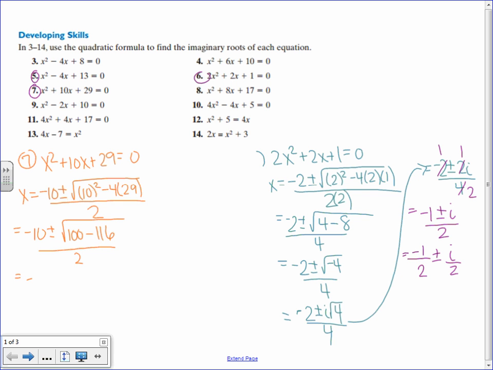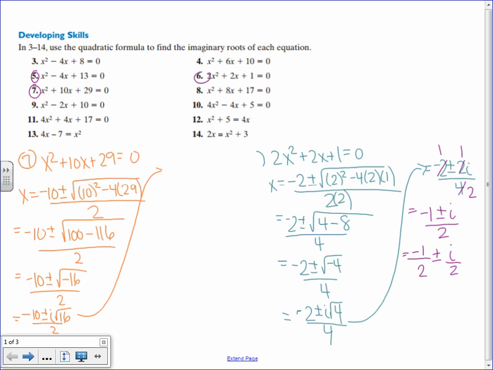So now I've got 100 minus 116 under my square root. So this is going to be plus or minus the square root of negative 16. And we can take care of the negative by pulling out an i.